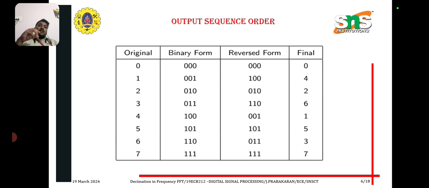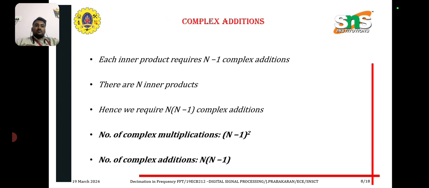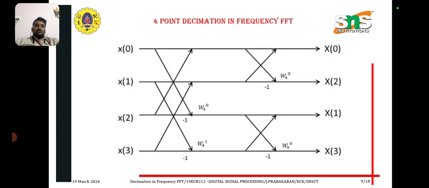Here we have to map the input sequence as per the given order and take bit reversal for the output sequence. This is the flow graph for 4-point input.